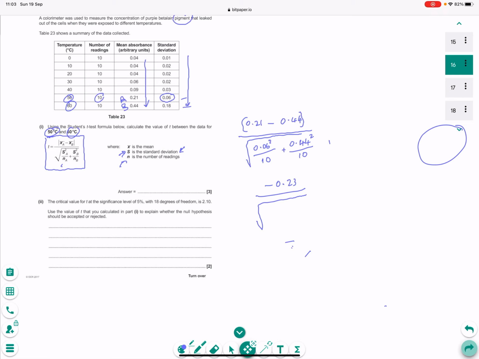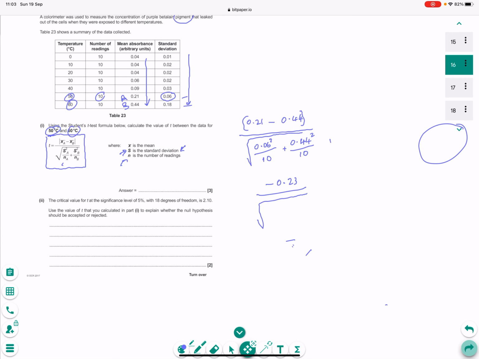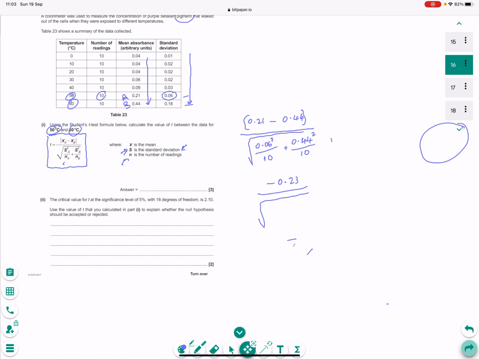Possibly I should have done this before. 10. This comes to this value. Come on. But you've got to square root that. So that square root is answer.